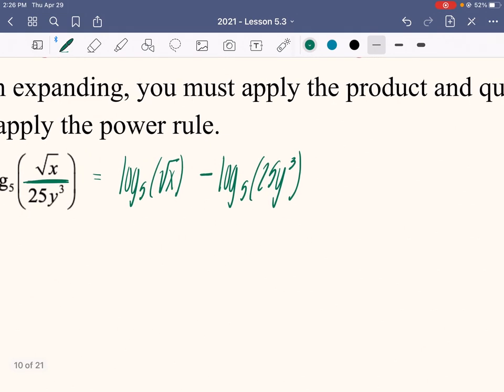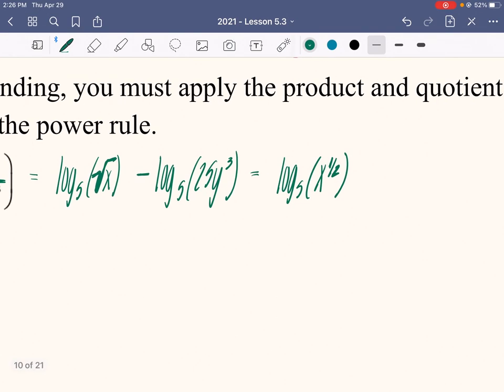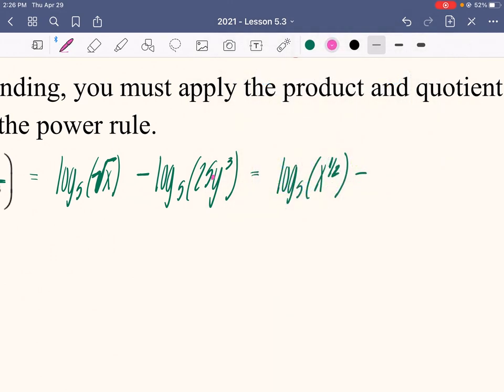All right, so now I am going to rewrite log base 5 of, so this square root symbol, I'm going to rewrite that as x to the power of 1/2. Okay, because I know that I am going to want to get rid of this radical symbol and make that a fractional exponent. And then the other thing I'm going to do is I'm going to split up this product.